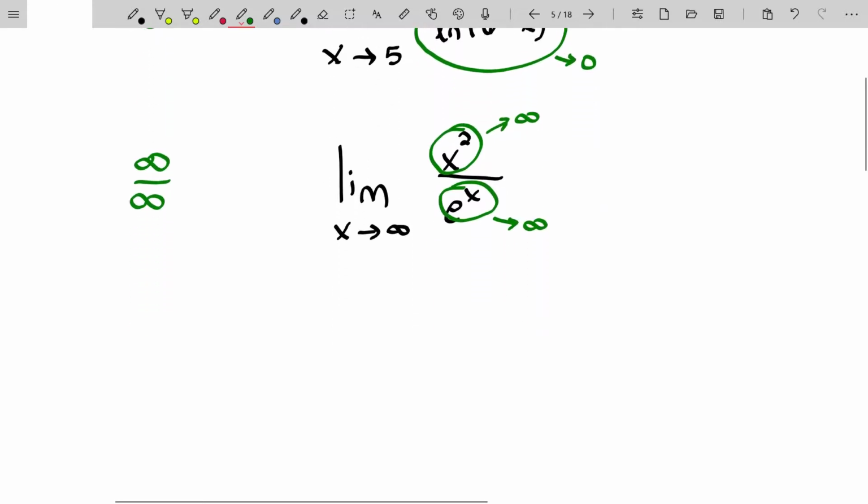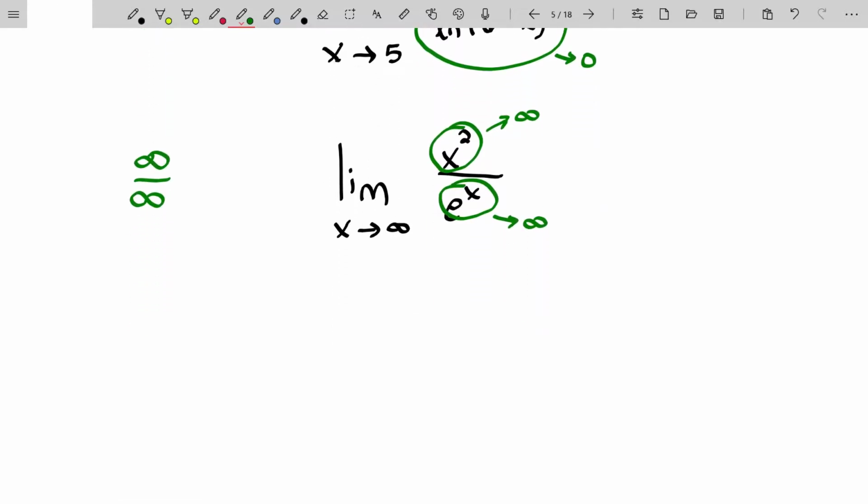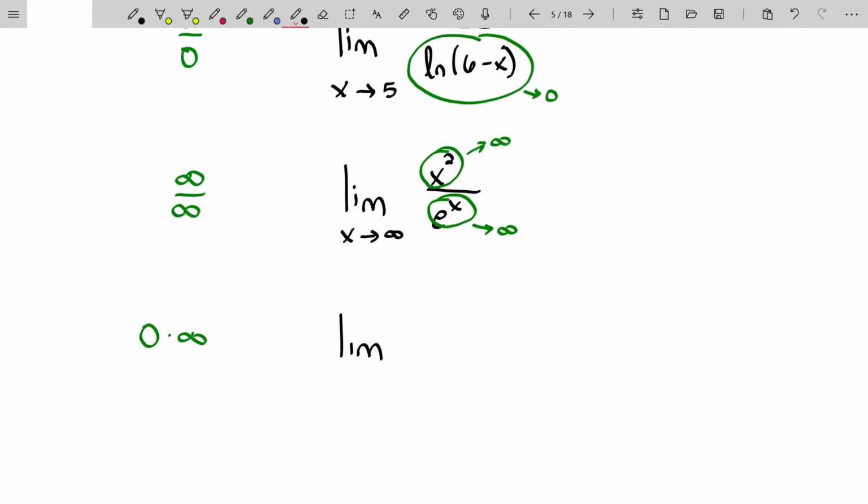The next form that we talked about was 0 times infinity. And again, this I had said is the most dangerous of the forms because it's very enticing to say something about this. And I'm going to write this as, let's do it this way. Limit as x approaches infinity of 1 over x times e to the x. Now, technically, I could write this as just e to the x over x, right?